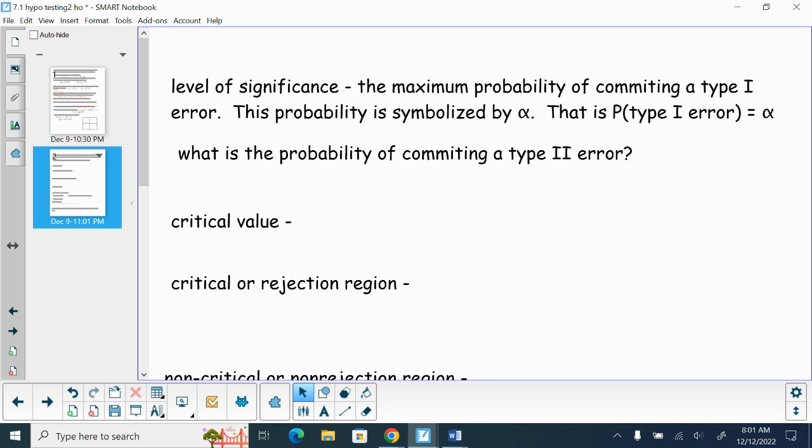The probability is symbolized by alpha, and it's a probability, once again, of getting a type 1 error. And that's all we will be dealing with in Stats 1, is testing to see if we have a type 1 error. And we'll look at the level of significance of alpha.